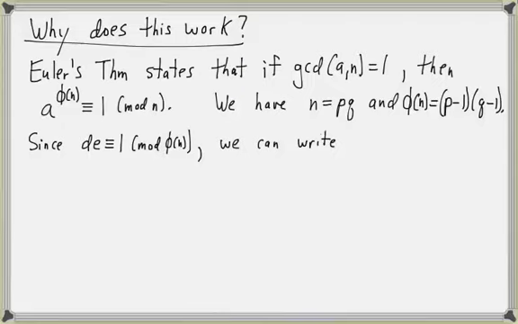So we can write D times E as 1 more than a multiple of phi of N. So 1 plus K times phi of N for some integer K.